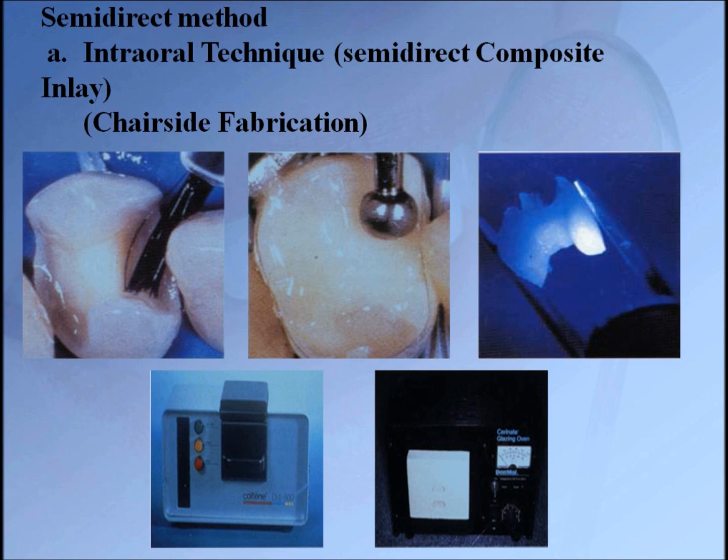A base of conventional glass ionomer cement is placed to eliminate the undercut. It is recommended that any resin-based material such as resin-modified glass ionomer cement, compomer, or composite be avoided because, despite appropriate cavity insulation, the composite inlay may adhere to the base, impeding the removal of the inlay.